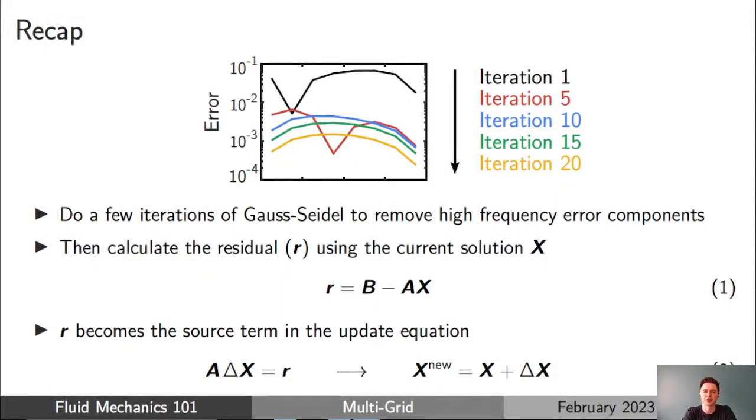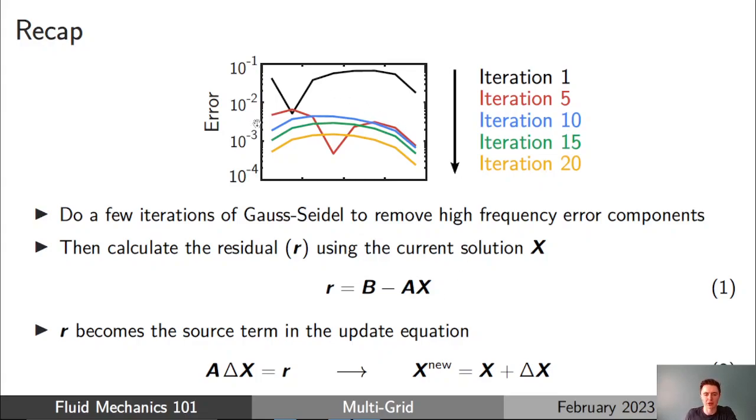So let's start things off with a quick recap of the multi-grid method that we covered in part 1 of this lecture series. The first stage in the multi-grid method is to do a few iterations of the Gauss-Seidel algorithm to remove the high frequency components of the error. So that's the high frequency spatial variations of the error.